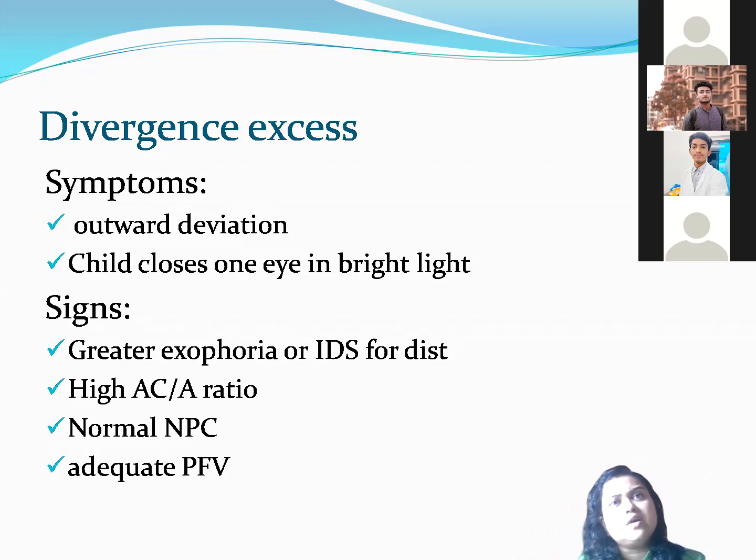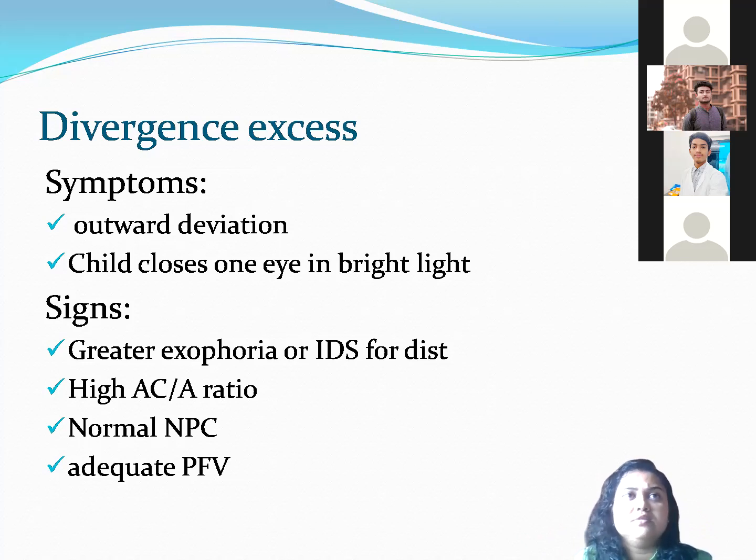For convergence insufficiency we do the opposite: we treat the near exophoria or exotropia and then go slowly to intermediate and distance. But for divergence excess, we have to treat the distance exotropia or exophoria first.